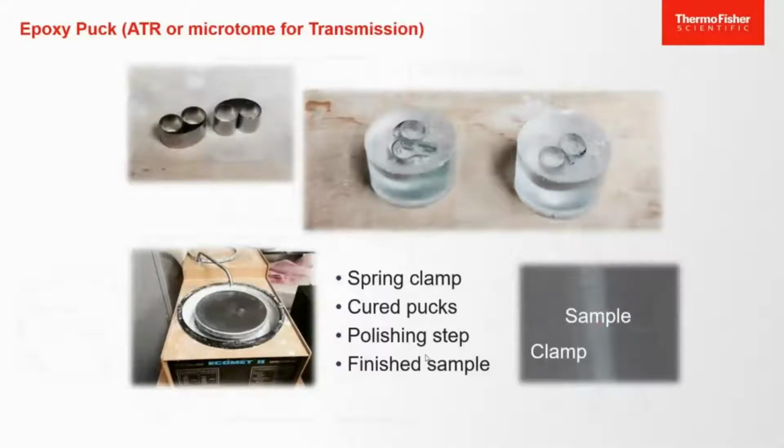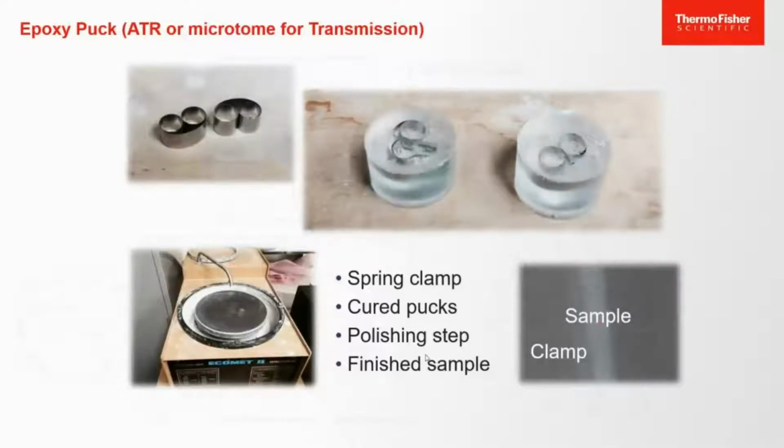If you open the spring up, like you're unrolling it, then you can take your sample, usually something like a multi-layer film or something else that you want to analyze, and you trap it inside the spring. Then you drop that spring upside down into something that looks like an ice cube tray, fill that up with the epoxy, allow it to harden, and then you have what you see on the top right. You can see the springs embedded in the epoxy.